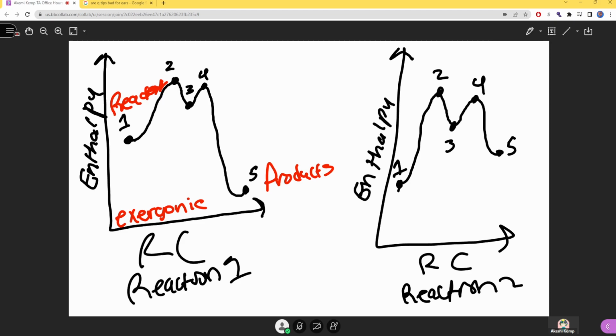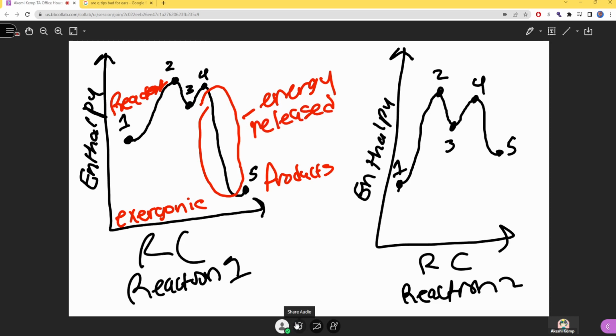This also lets us know that there was a lot of energy released, right? So like this long line here, obviously there had to be some energy released here so that the products could be lower in energy. 2 and 4 are your transition states, 3 is your intermediate. So reaction 1 was definitely exergonic.